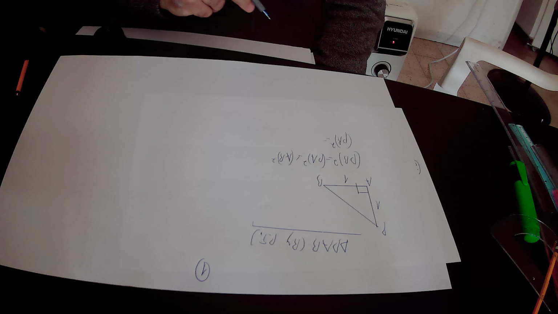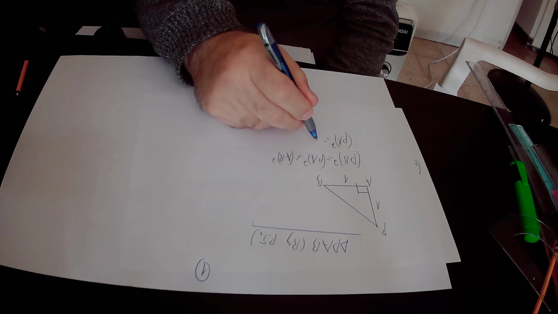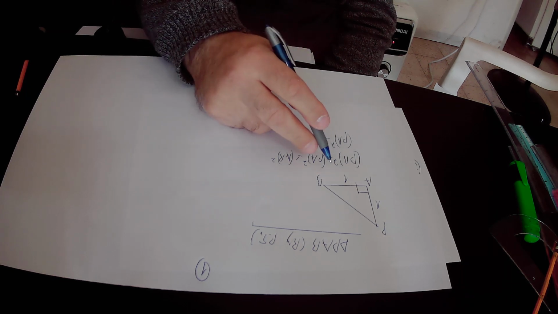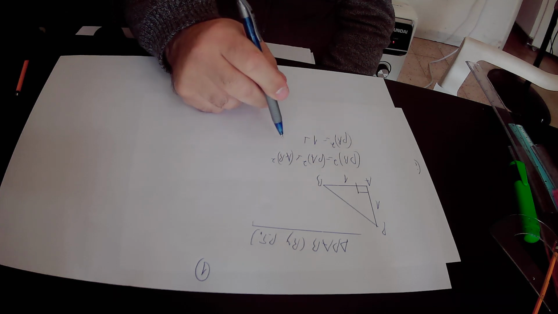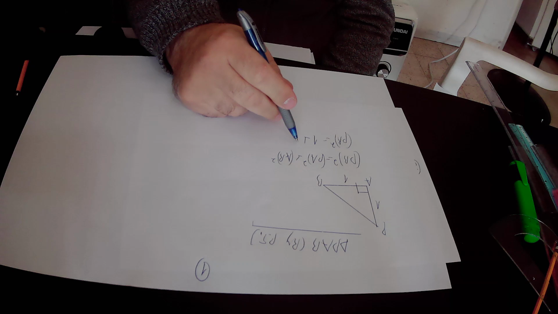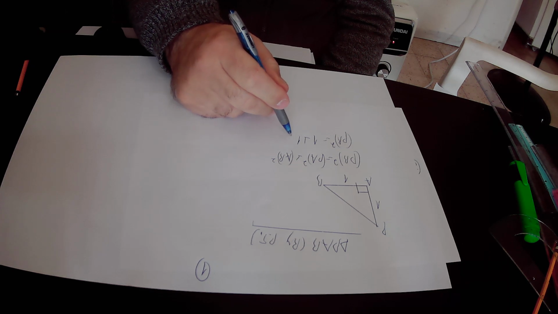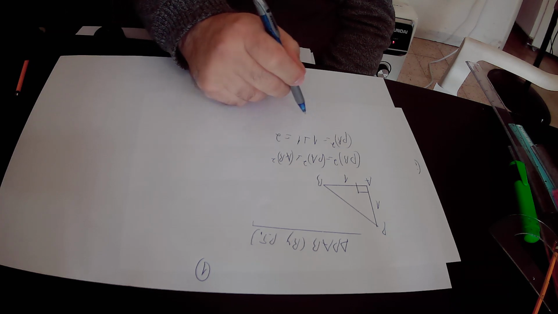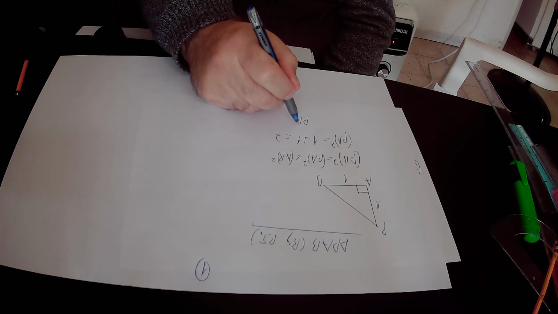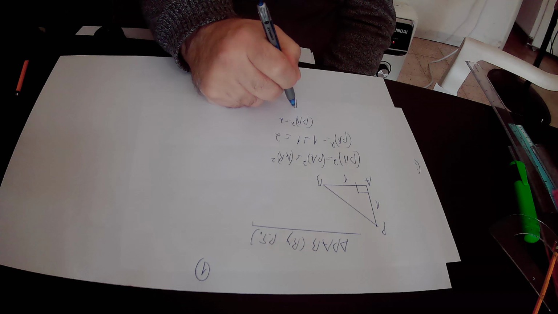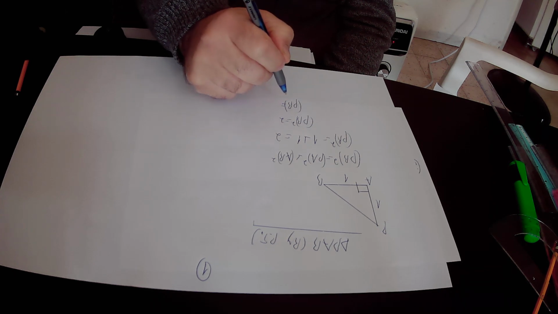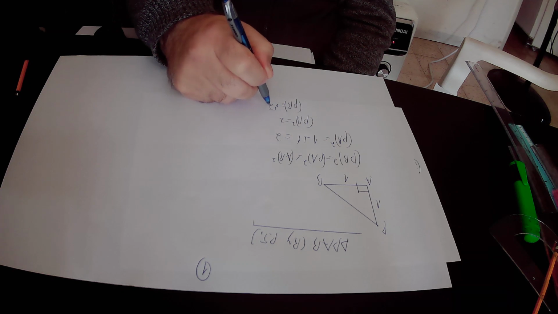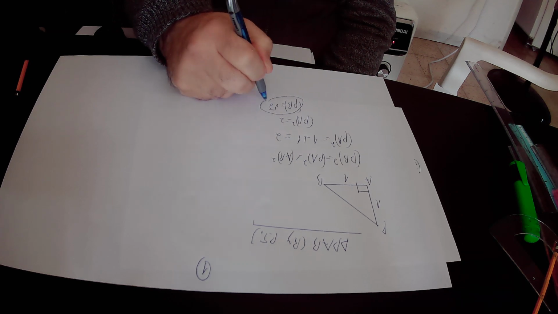PA is 1, therefore PA square is 1 square, that is 1, plus AB square. AB is 1, so AB square is 1. So in total, PB square equals 1 plus 1, that is 2. We take a root out of this equation, and finally we get that the hypotenuse PB equals the square root of 2 units in its length.